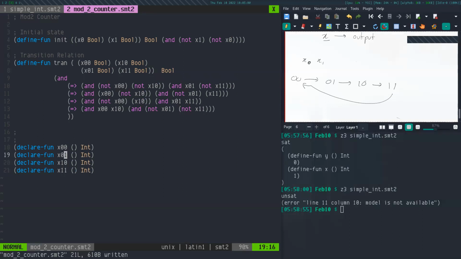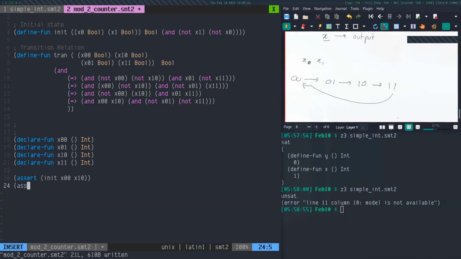So basically x00, x01 is the x0 in the 0 and 1 state, and x10, x11 are x1 in the 0 and 1 state. We're going to encode that with these asserts. We're going to say init of x00 and x10.